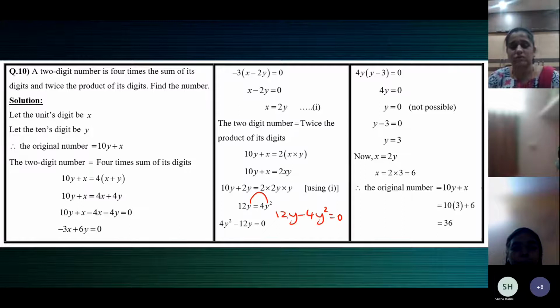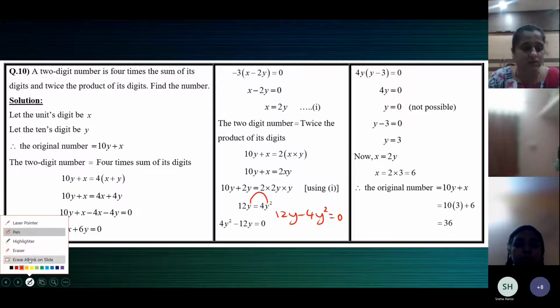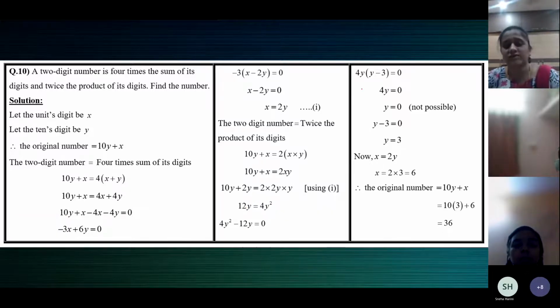So what is common? Here 4y is common. In the bracket, you get y minus 3 is equal to 0.